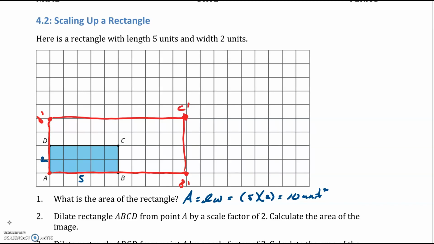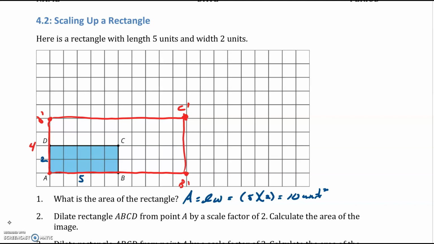Okay, so here's our new rectangle. Now what we want to do is calculate the area of this image. Well, I know since I dilated segment AD by a scale factor of 2, that means the length is twice as big, so it's now 4.